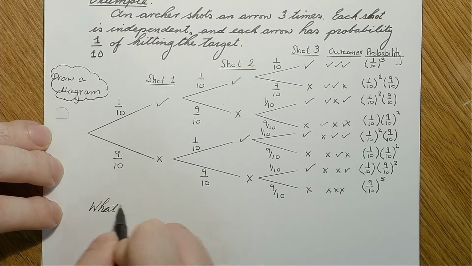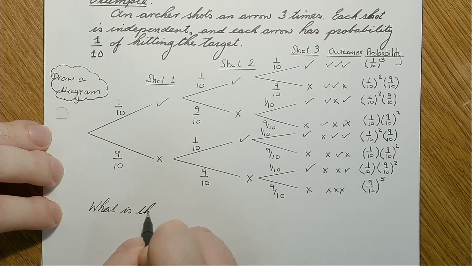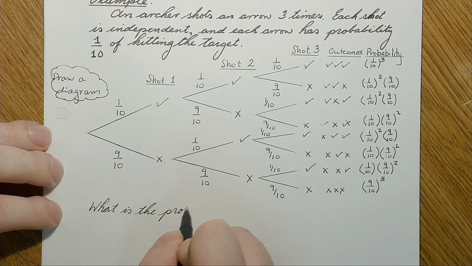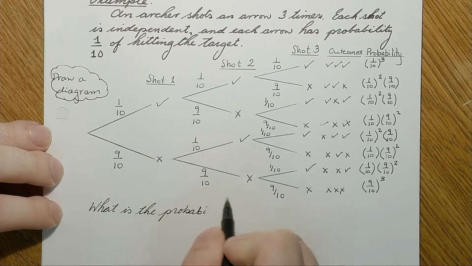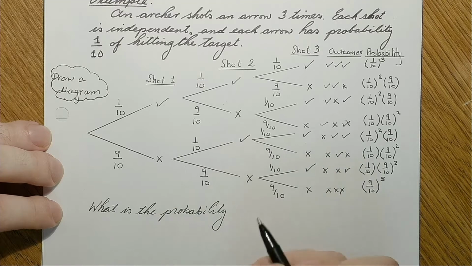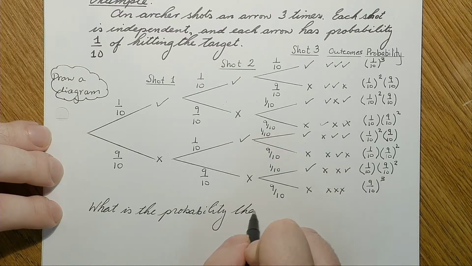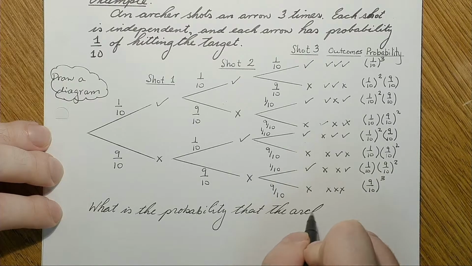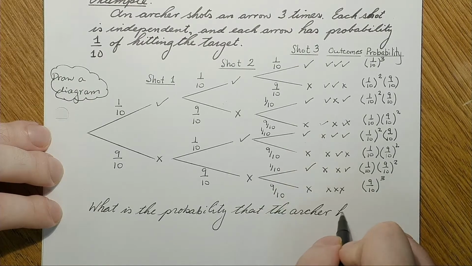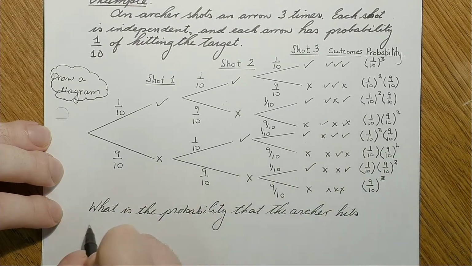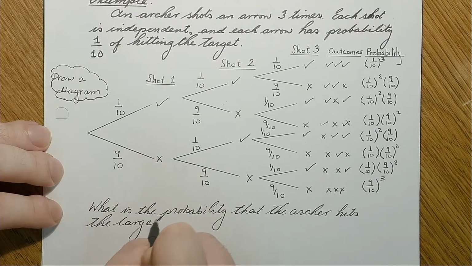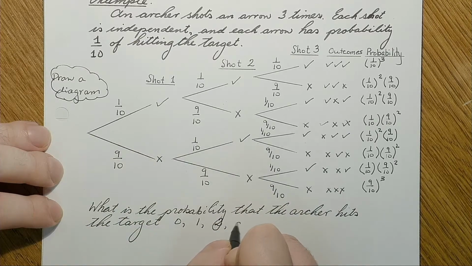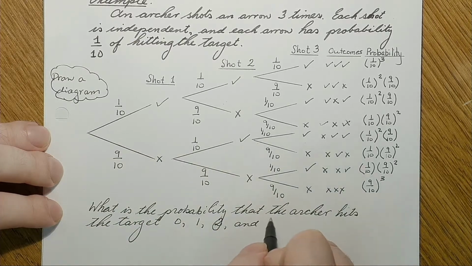So let's say, what is the probability that the archer hits the target 0, 1, 2, and 3 times.